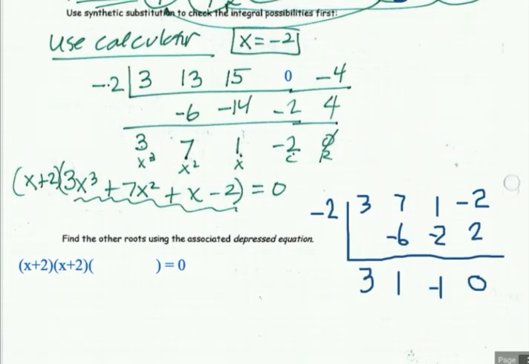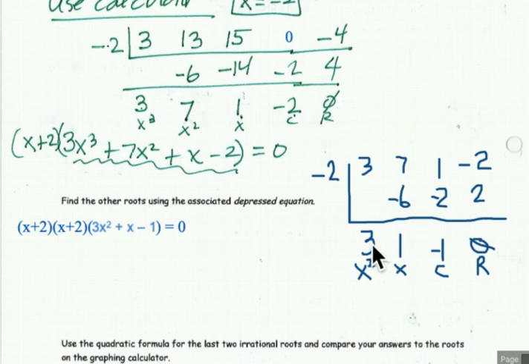So using synthetic division, I start with the leading coefficient 3. 3 times negative 2 is negative 6. Add 7 and negative 6 to get positive 1. Then do 1 times negative 2 to get negative 2. 1 plus negative 2 is negative 1. And then negative 1 times negative 2, which is positive 2, add them, and you get a remainder of 0.